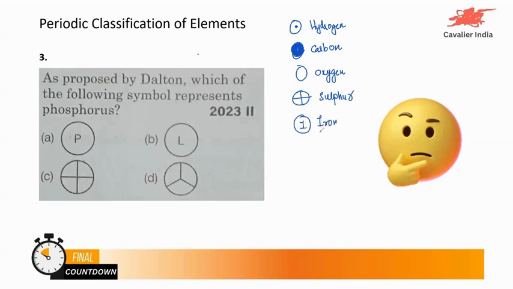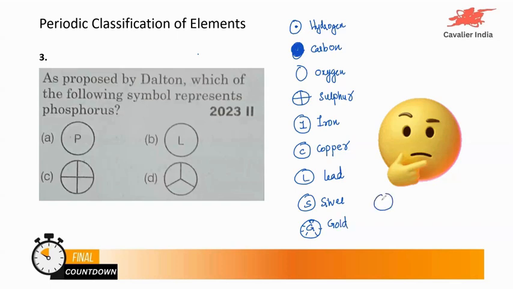These are the various symbols suggested by Dalton. Copper, Cu, with a C in the middle. For lead he suggested a simple symbol. Then silver, S, and gold, G.